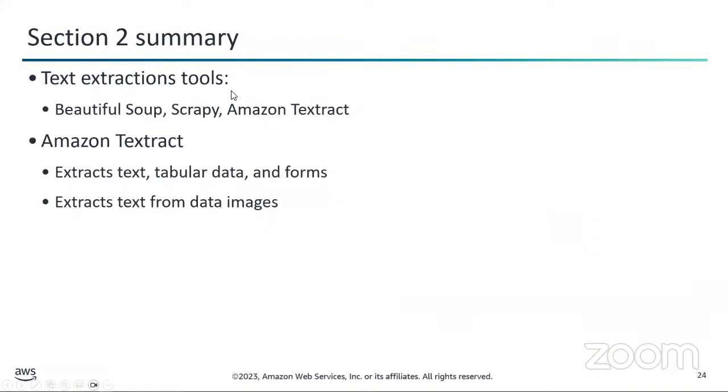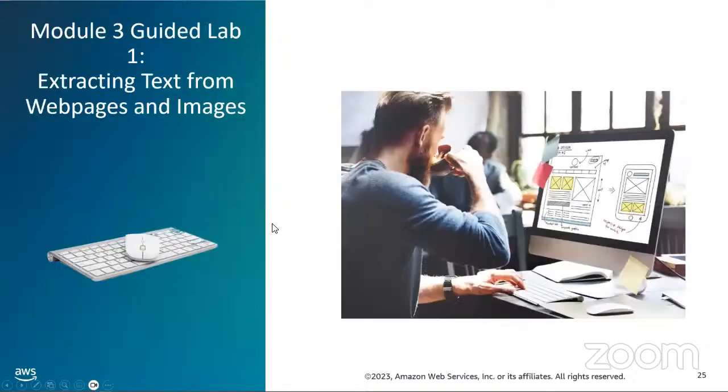All right, so the tools we talked about, Beautiful Soup and Scrapy, are Python libraries, and Amazon Textract you don't need to program with. It's what we call a low code or no code system. It can extract text, tabular data, and forms from images, and so on.